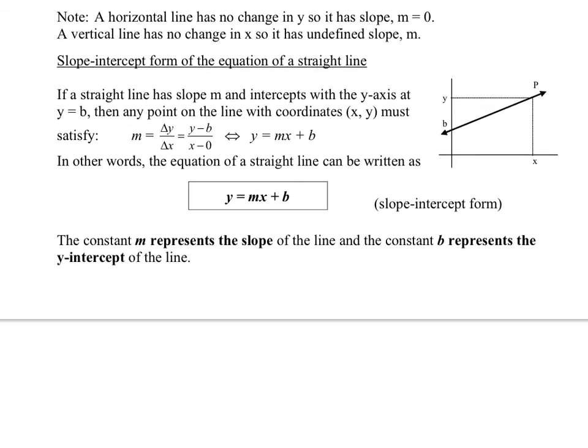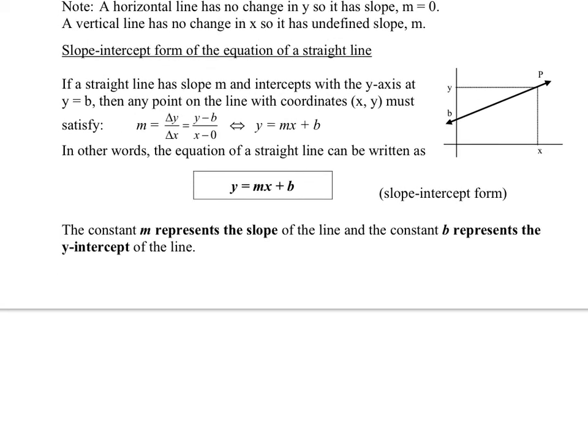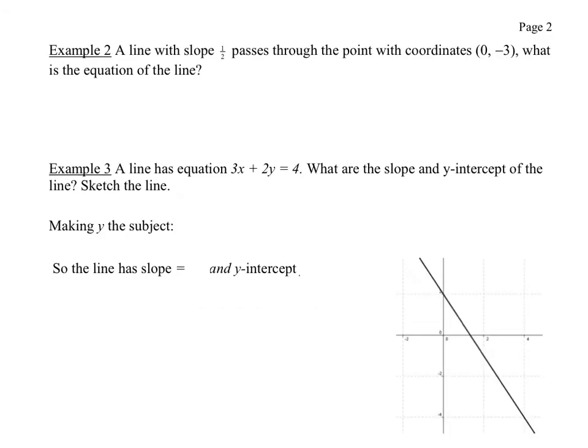Now, something else that you probably are familiar with is this equation here, y equals mx plus b. All it is, the m is the slope and the b is where it goes through the y-axis. So, if we look at this example here, we're told that a line has a slope of 1/2 and it goes through this point.